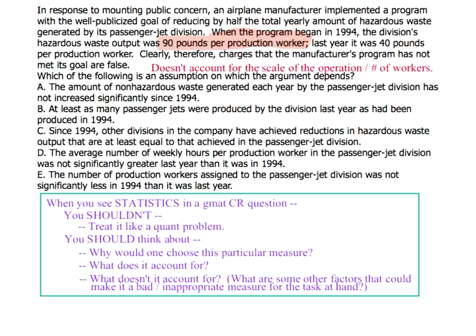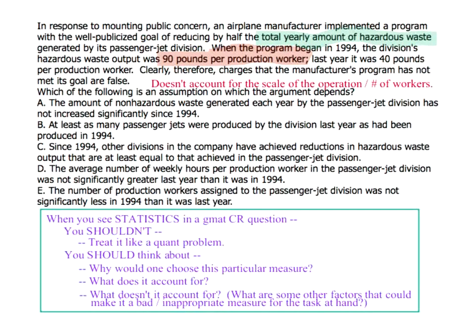The manufacturer's goal is stated in terms of the total yearly amount of hazardous waste. So the red statistic does not account for the scale of this overall operation, but the turquoise, bluish-green one does depend on scale.